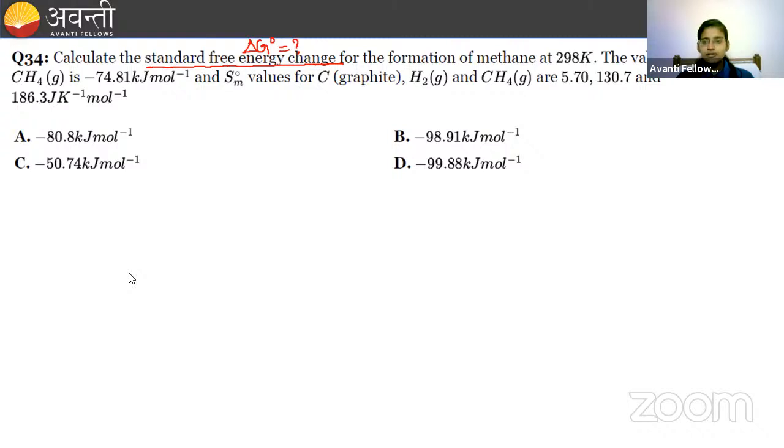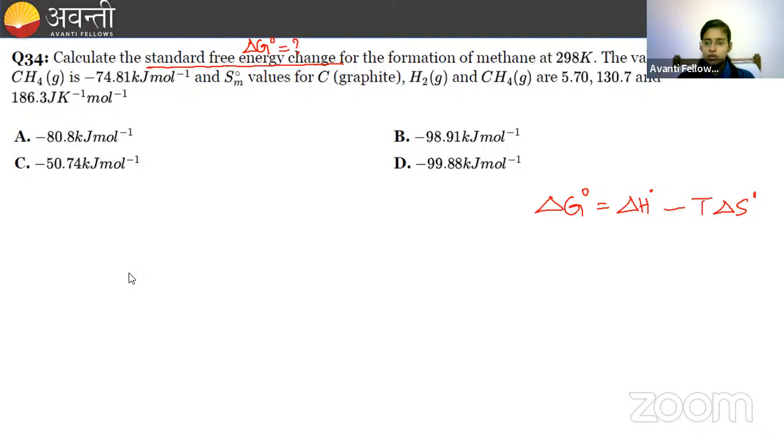The delta H of formation for methane is given, and the entropy is also given for carbon in graphite form, for hydrogen gas, and for methane gas. We have to find delta G naught from this information. What is the formula? Delta G naught is equal to delta H naught minus T delta S naught.